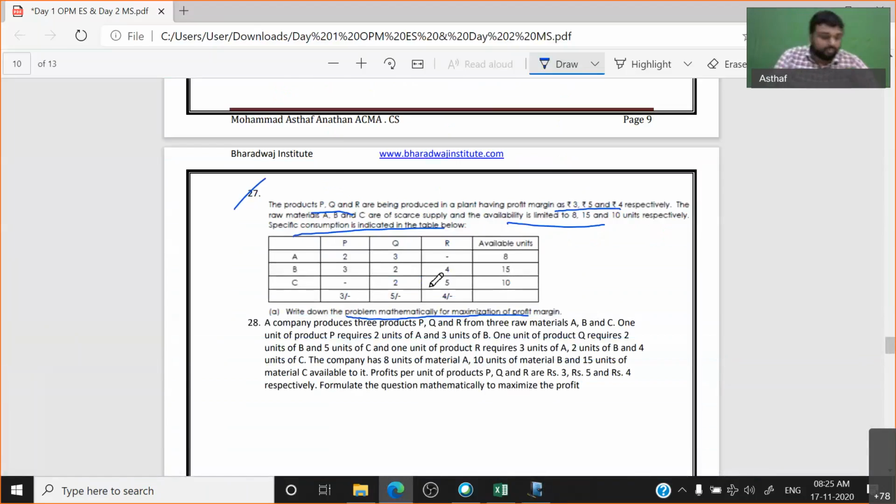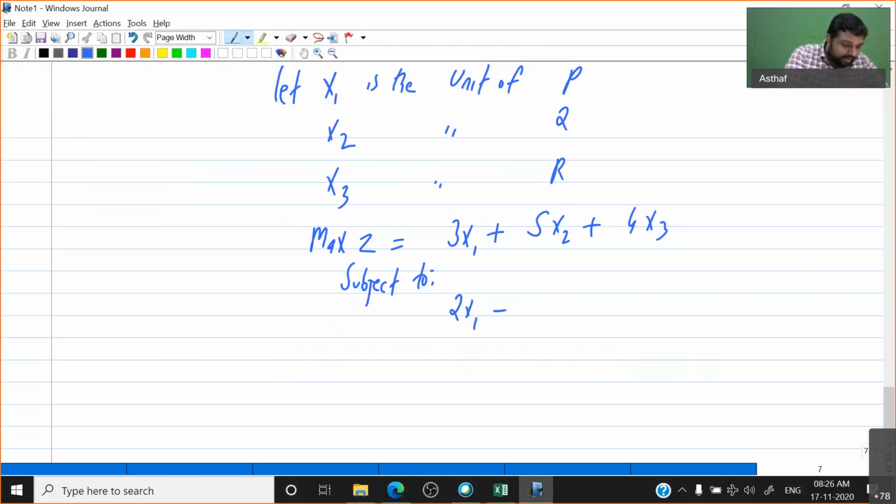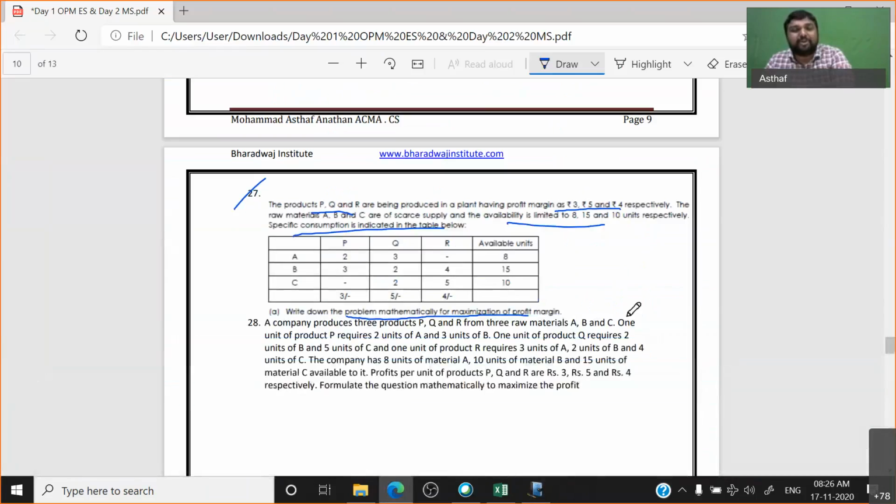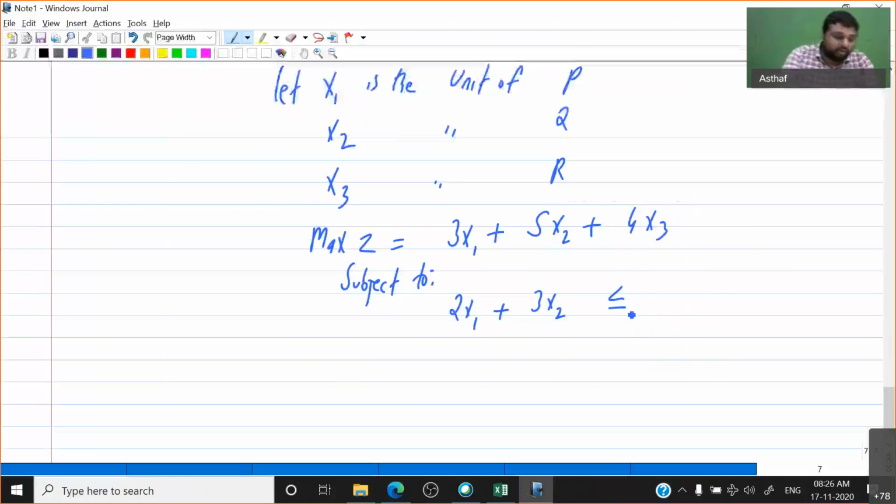First, A, which has 2x1 plus 3x2 plus, for the next one you can put either 0x3 or leave it. Here the availability is limited to, so you have to make it less than or equal to 8.